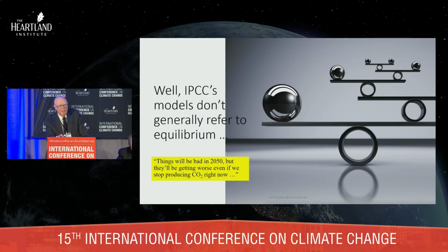Well, anyway, IPCC's models don't generally refer to equilibrium. Those graphs that they showed were, well, that's what happens versus time. They didn't get to the final equilibrium, just wait till the end. Okay, so we're going to take a look at those things.